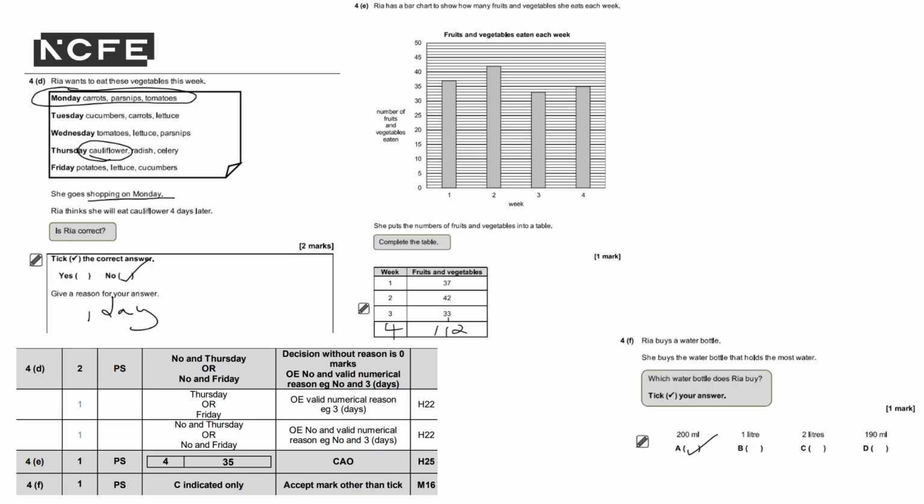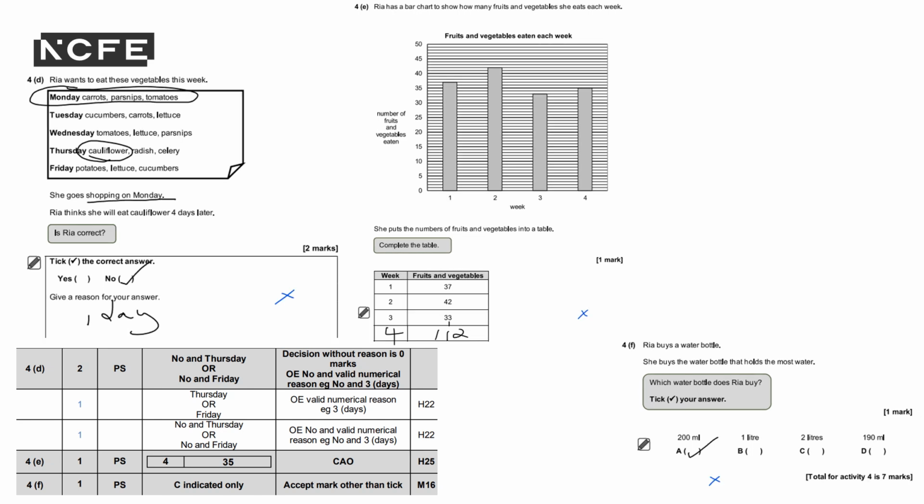And for this activity, if you haven't already marked it, you can do so now using the mark scheme on the screen. I'm going to reveal how many marks now though. So for the first question, 4D, they've indicated no, and no is what we want to see, but they haven't given what the mark scheme wants, which is a valid reason.